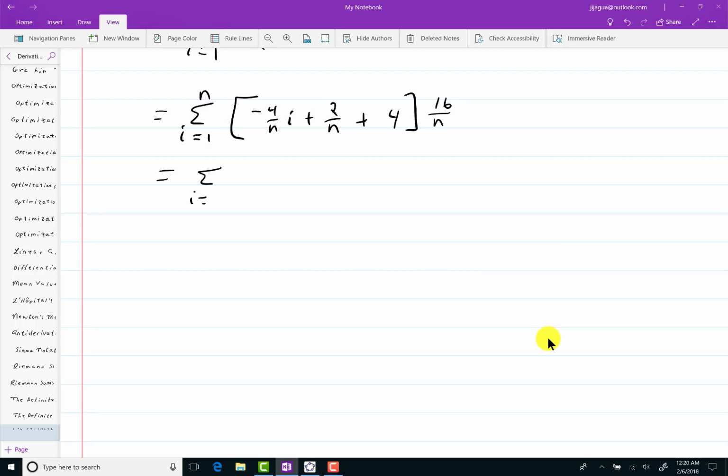Summation i equals 1 to n. Multiply the 16 over n through, we end up with negative 64 over n squared times i plus 32 over n squared plus 64 over n squared over just n.